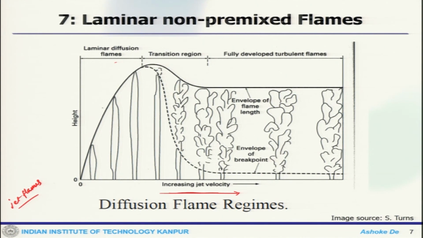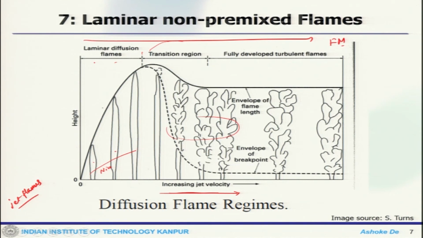So, when you increase the jet velocity, it reaches a certain point beyond which, if you increase the velocity, you may have a different kind of flame. See this structure: these are nice looking structures, but beyond a certain point the structure gets into this kind of structure, which is not nice looking. So, this division is based on your fluid mechanics.